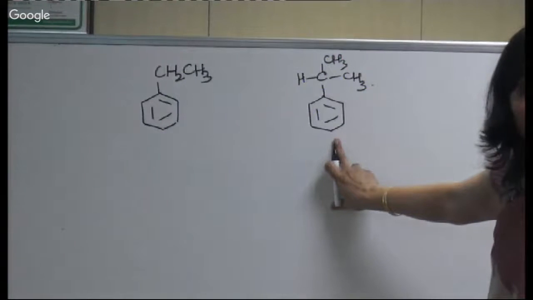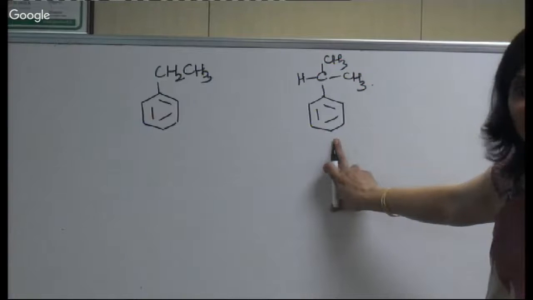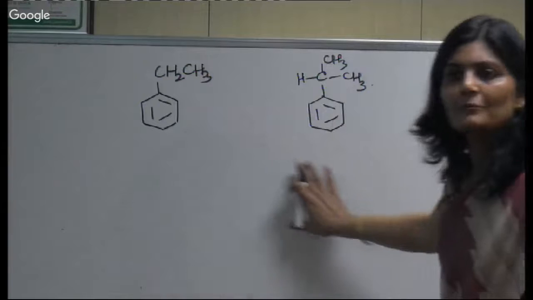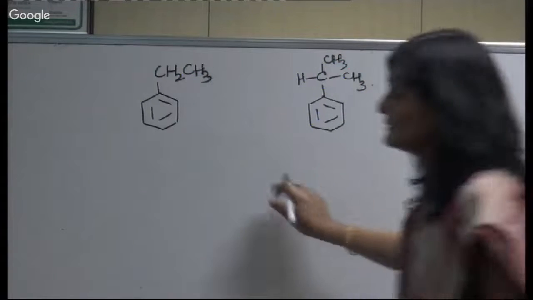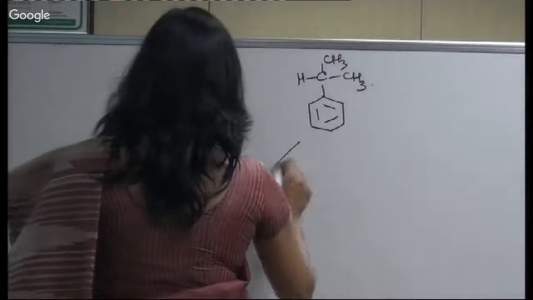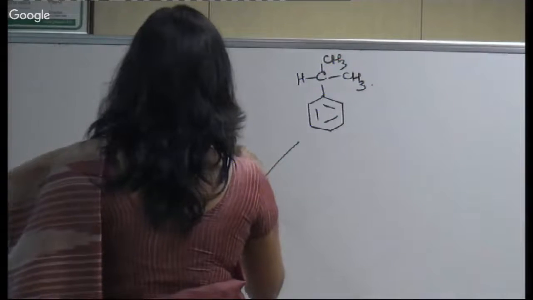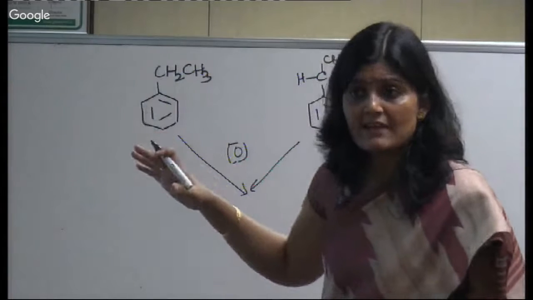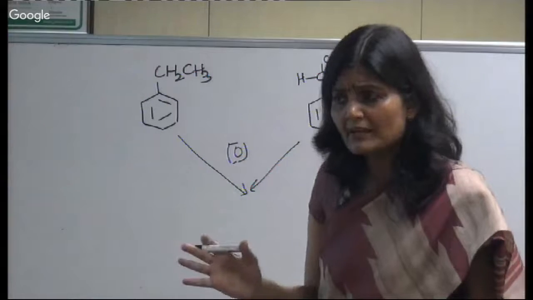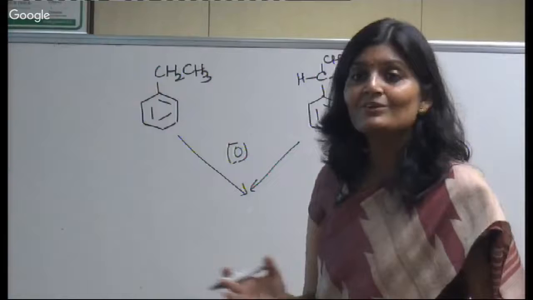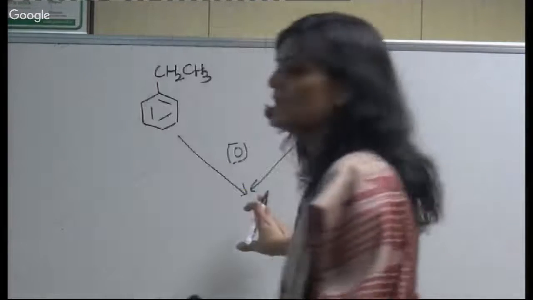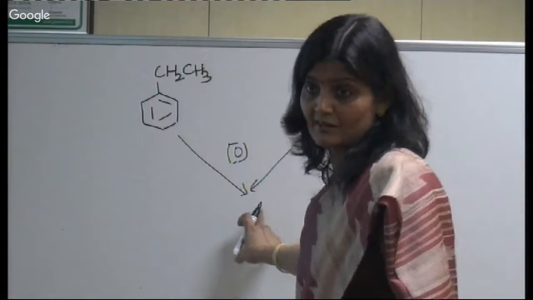This compound is isopropyl benzene, right? So either of these two compounds, when you oxidize, the product is going to be the same. Both of them on oxidation, by using any of the oxidizing agents I have just now told you, potassium permanganate in the acidic or alkaline medium, potassium dichromate, or nitric acid, will give you only benzoic acid as the product. Okay?